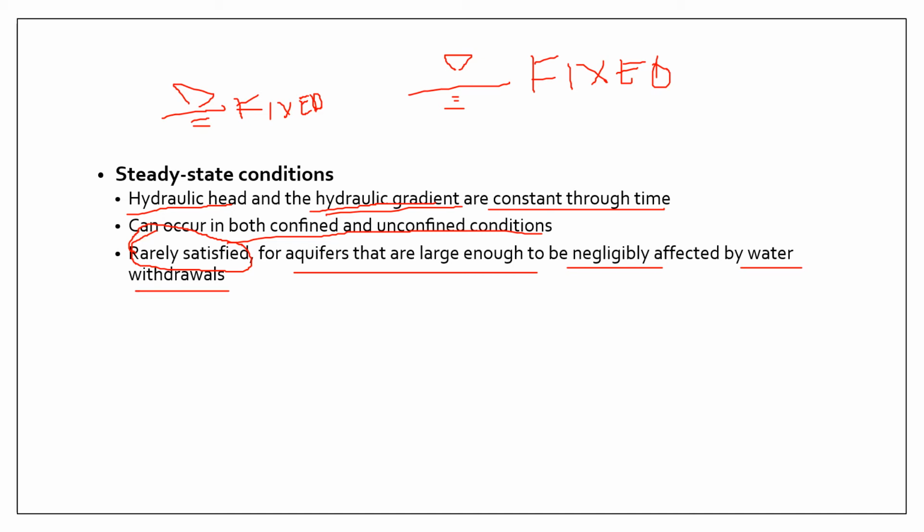Meaning, if you pump out water from this aquifer, the water table will not change a lot. Although there are other applications for steady state conditions, which I'll be talking about later.